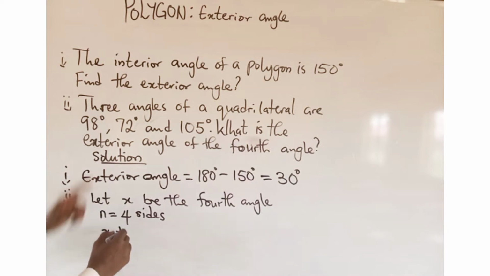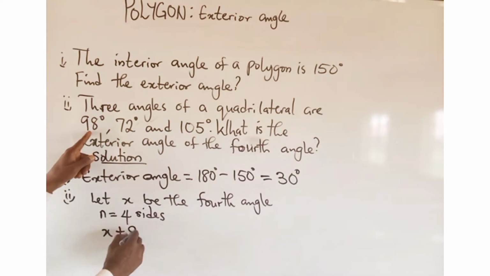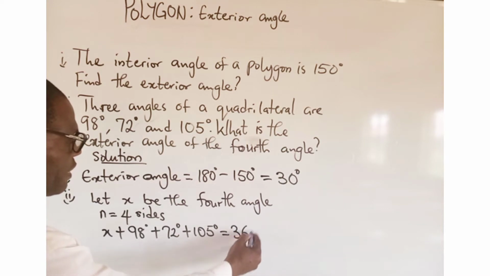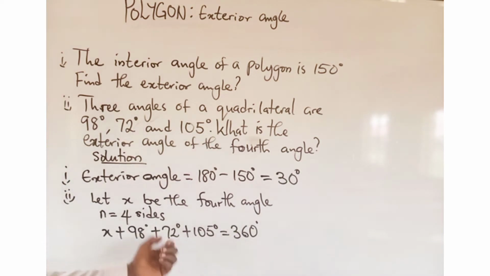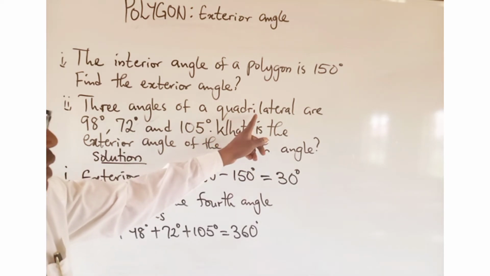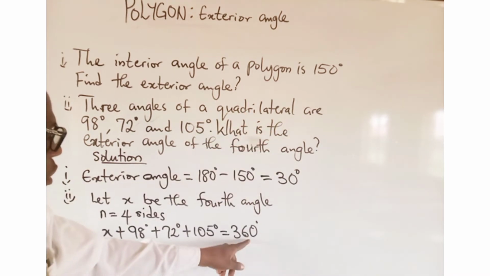So x plus 98 plus 72 degrees plus 105 degrees will give us 360 degrees, because the total sum of the interior angles of a quadrilateral is 360 degrees.